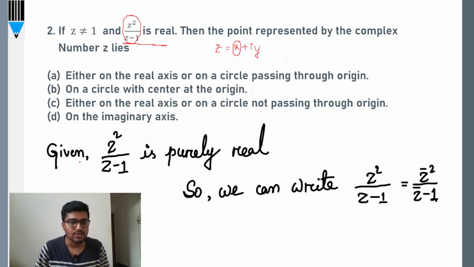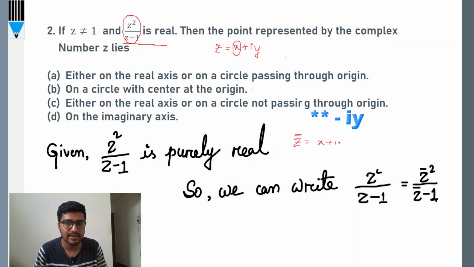So we have z square by z minus 1 is purely real. If this thing is real, only the x part remains and there is no y part. So what happens with z bar? In this case it is not z, it could be u or w or any function of z, but if I take z bar, then z bar will be x plus I y, right?